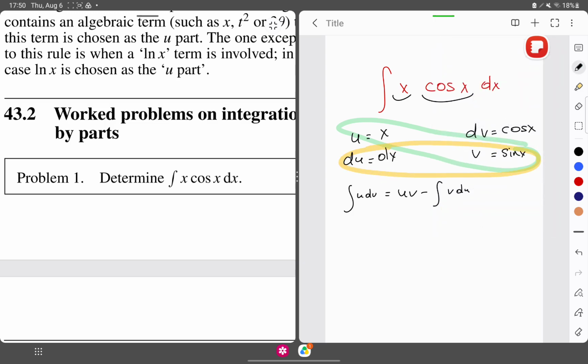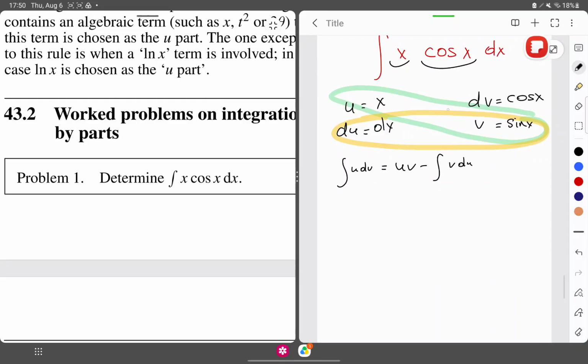So firstly uv will be x sine x minus the integral of, from that formula, this one, the yellow one, sine x dx.